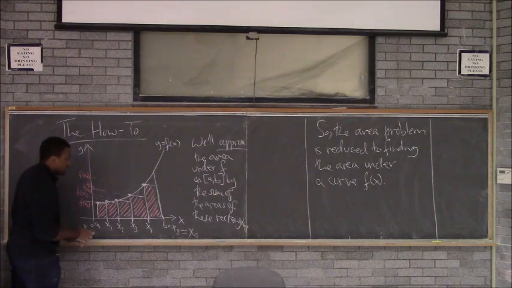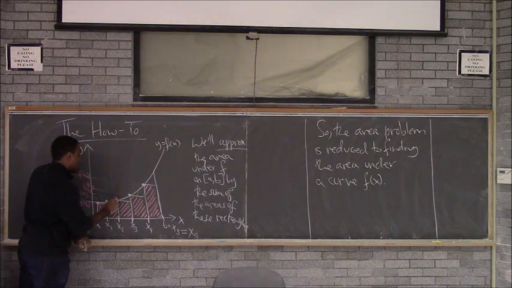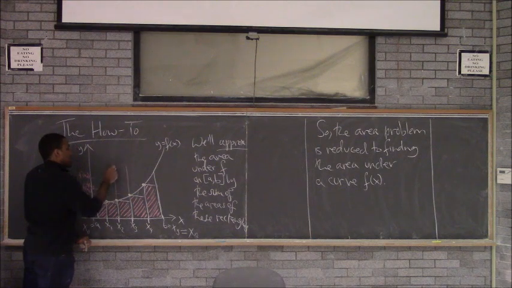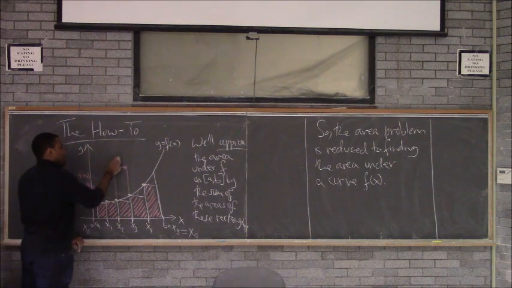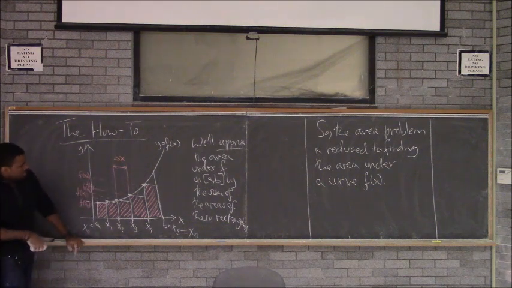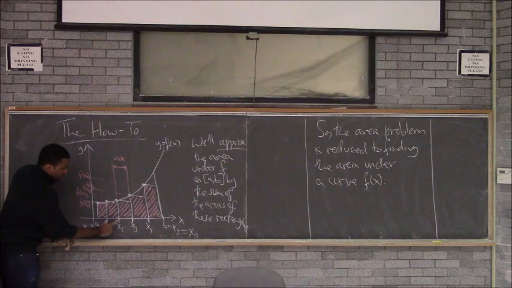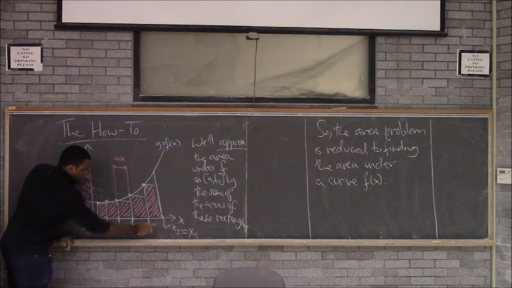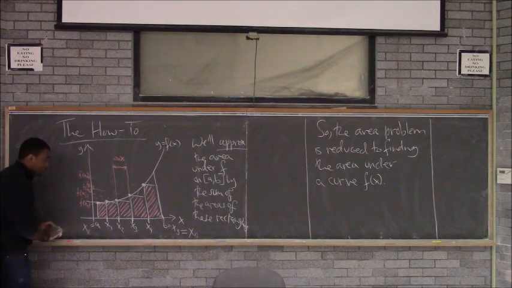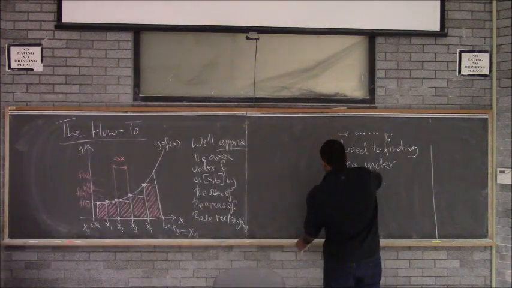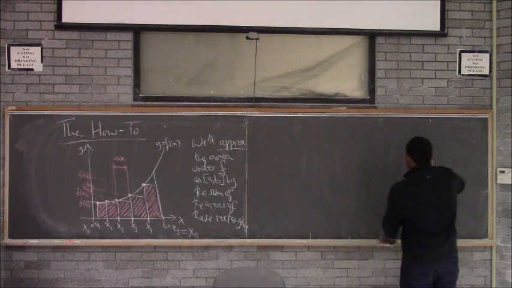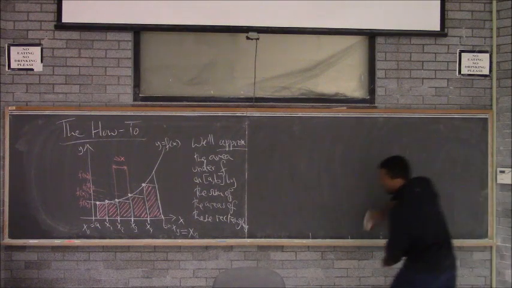Now, the distance here between these points is called delta x, right? For the change in x. So I can look at all of these as the change in x's. So here's what we can start to set up. We're going to develop a nice formula for all this.